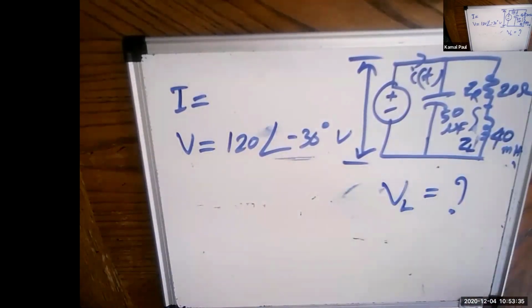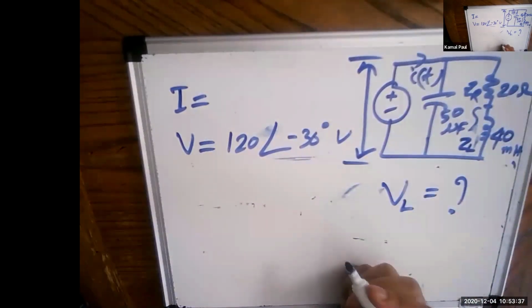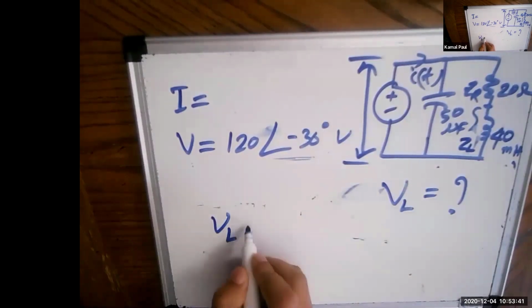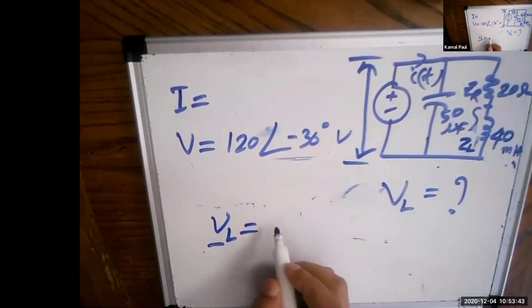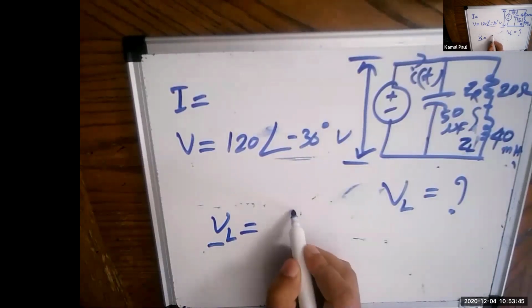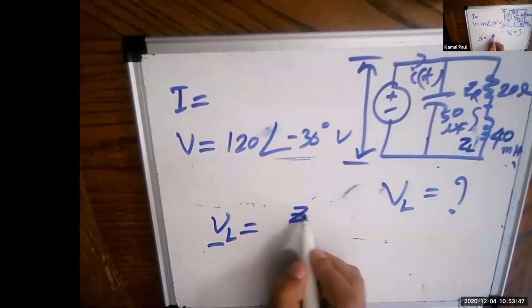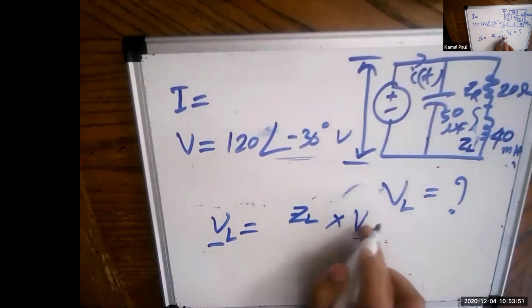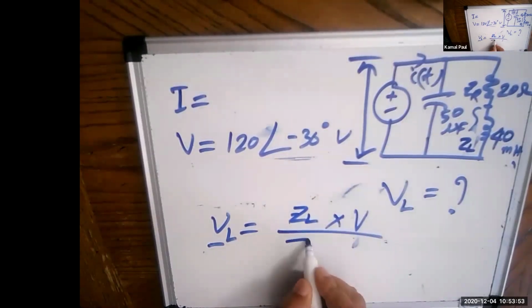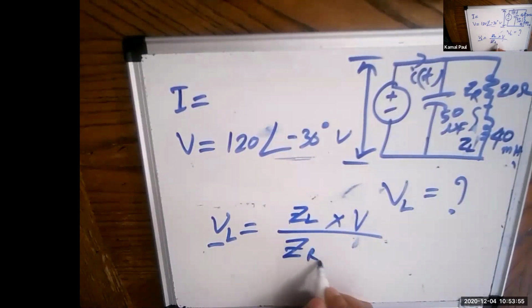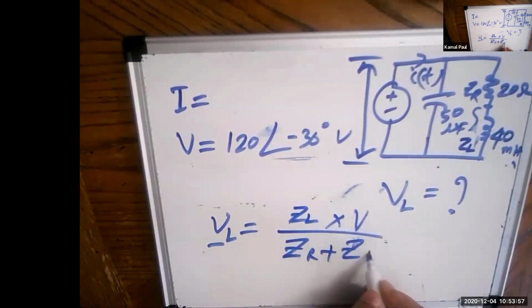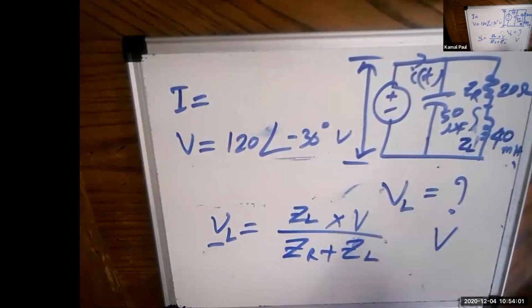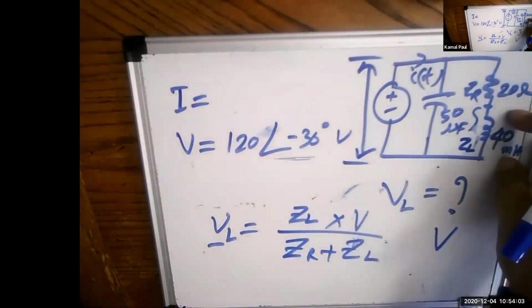So the voltage division rule, because you have the total voltage, V_L in vector form will be equal to Z of L times the total voltage over Z_R plus Z of L. So this will be the voltage across this one.